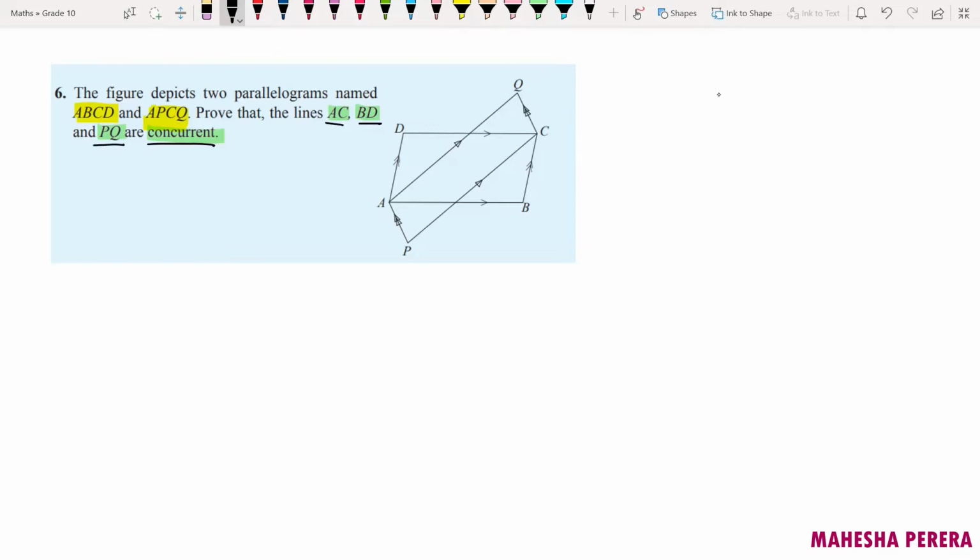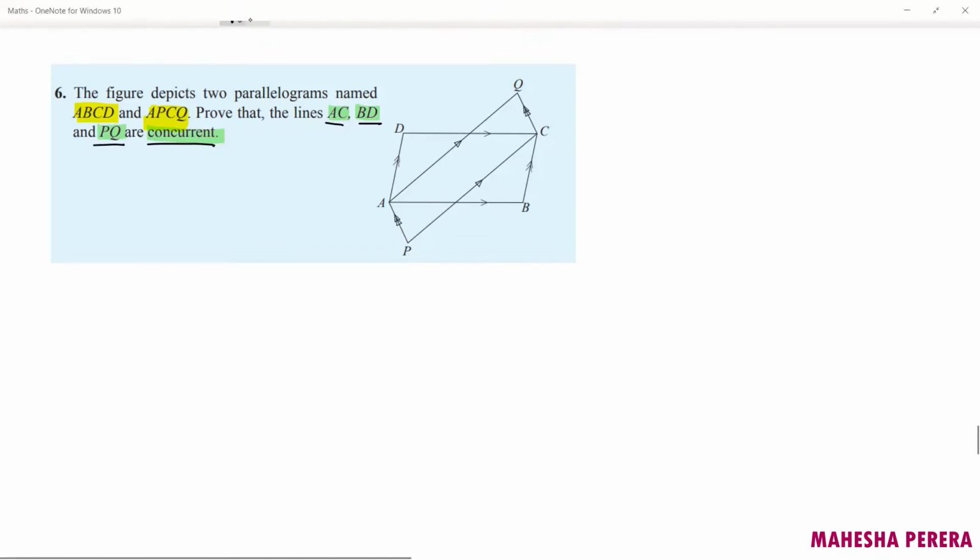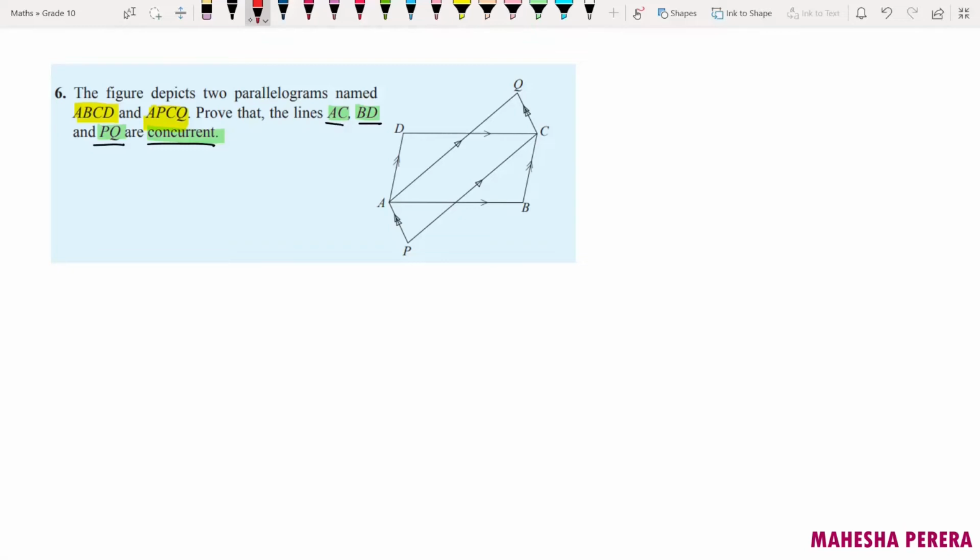Now for this we need to draw these lines and check whether they are concurrent or not. Okay, so let's draw these lines. Line AC is here. Did you notice this AC becomes one of the diagonals of this parallelogram as well as this parallelogram?